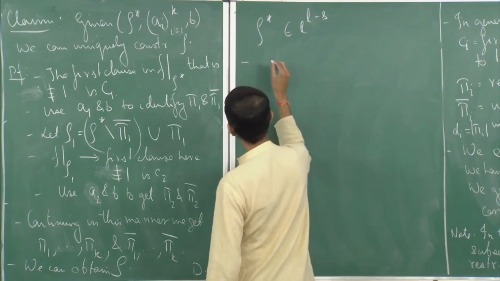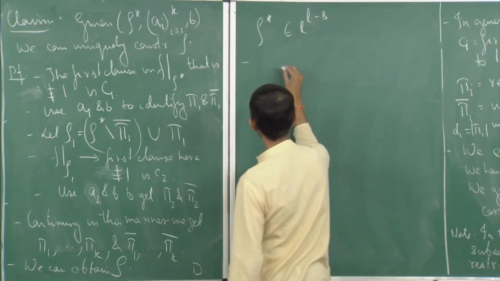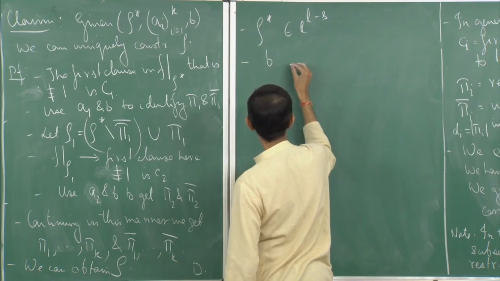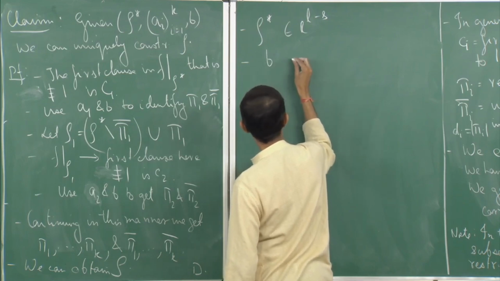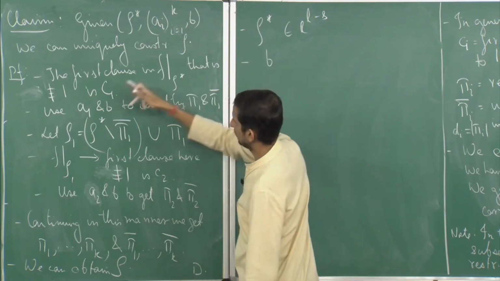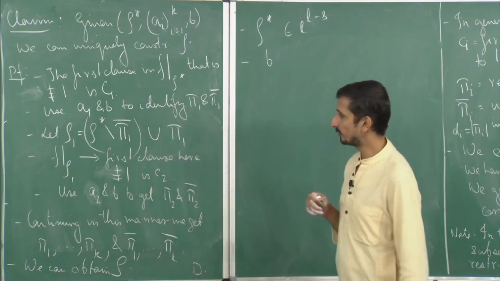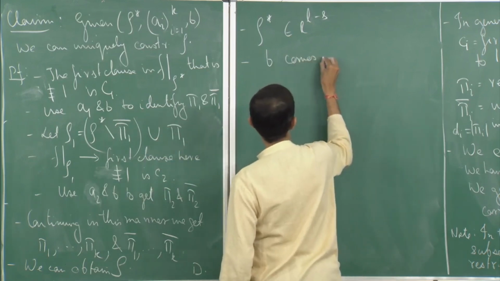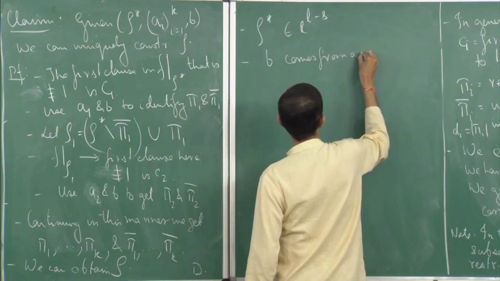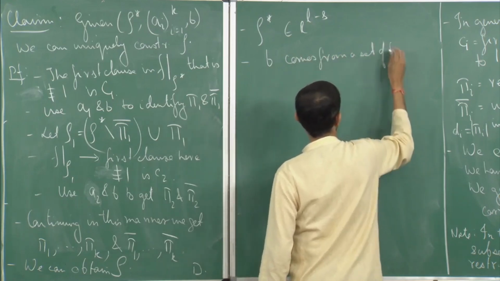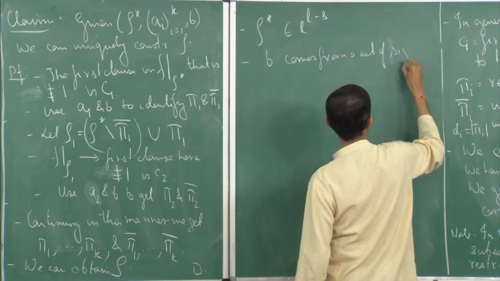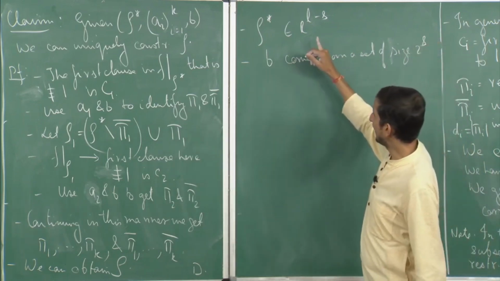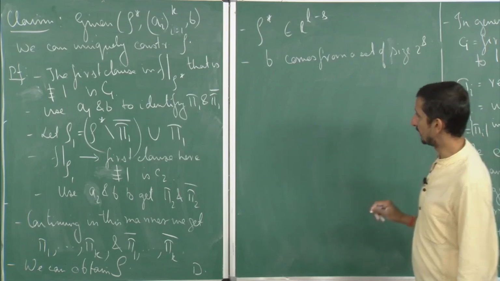So, now we have to show that, what is the size of the string B? So, B belongs to 0 1 to the power s. So, B comes from a set of size 2 to the power s. So, we have r to the power l minus s, we have 2 to the power s.